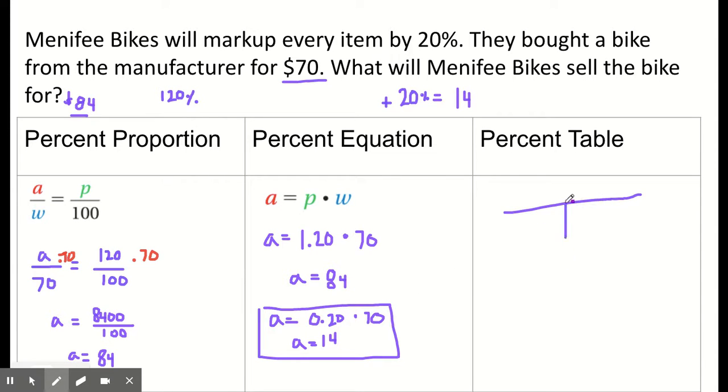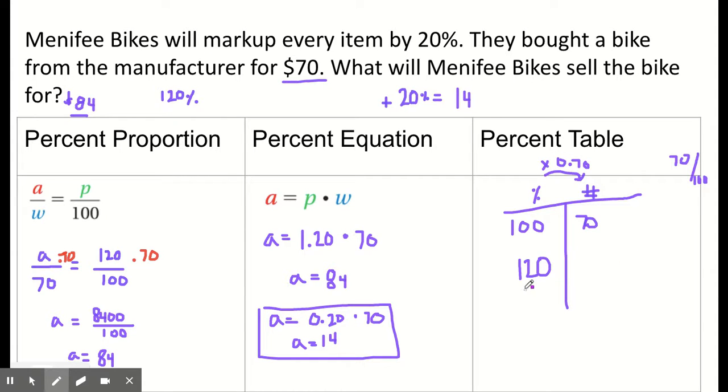All right, and a table. Percent, money or your number amount. Remember, 100% should always go next to the original or the whole. And then we're trying to find 120%. Find the constant of proportionality by dividing 70 by 100. It's 0.70.